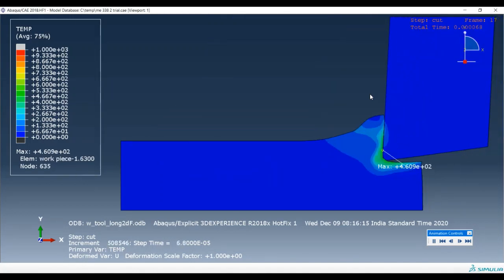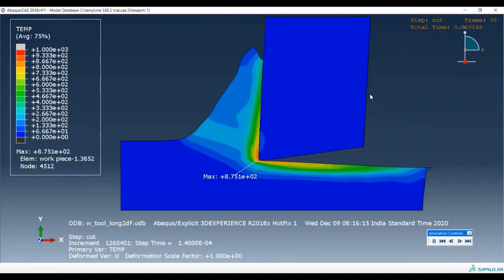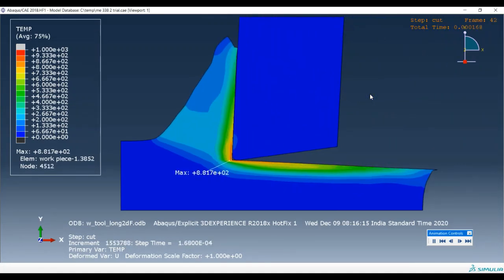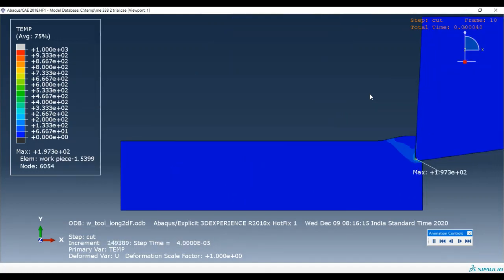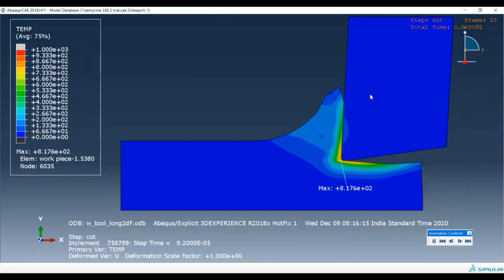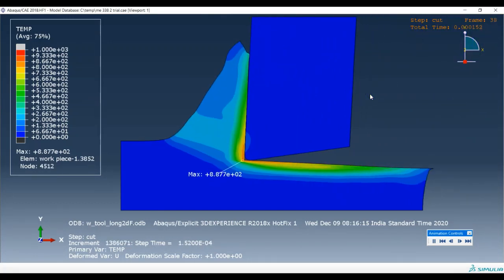At this high speed, the effect of strain rate is significant on flow stresses, so the JC model is considered for modeling that material. Element distortion control is also used for the analysis.